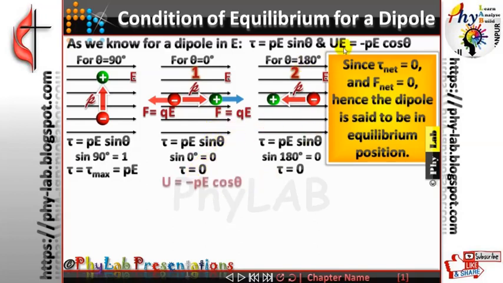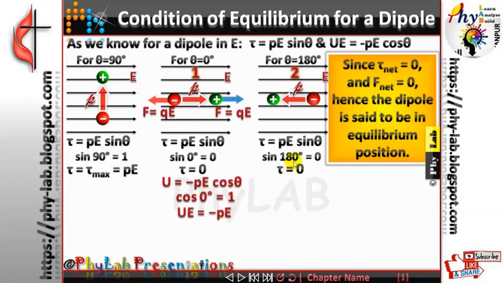Now you already know the potential energy formula happens to be minus pE cos theta. In this case theta is 0. Substituting the value of theta in this particular equation of potential energy, you will find that potential energy comes out to be minus pE, as cos 0 is 1.